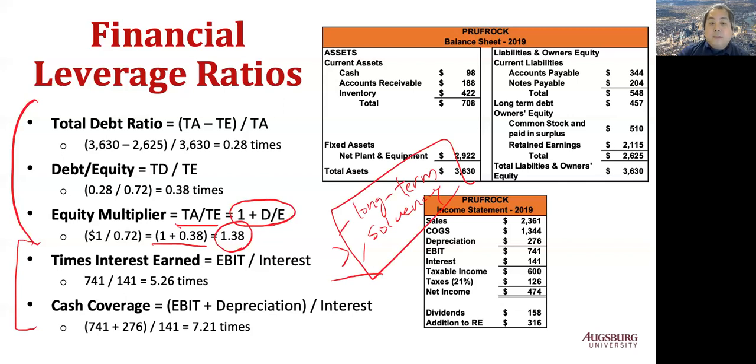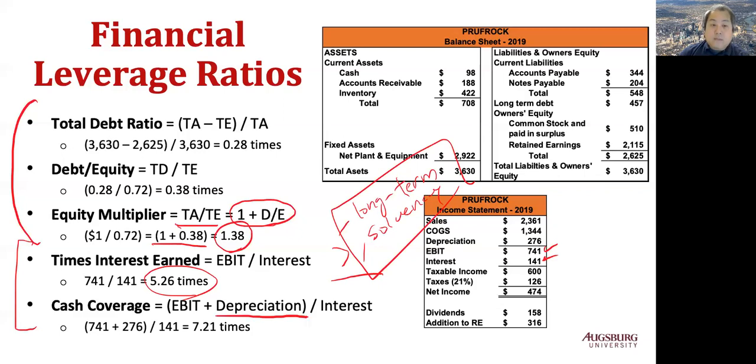Times interest earned, again, is EBIT divided by interest. For Prufrock, EBIT is 741, interest is 141, so times interest earned is 5.26 times. Some people may argue that EBIT is not a cash measure. When you calculate EBIT, we subtract depreciation, which is a non-cash item. So in fact, we need enough operating cash flow to cover interest.